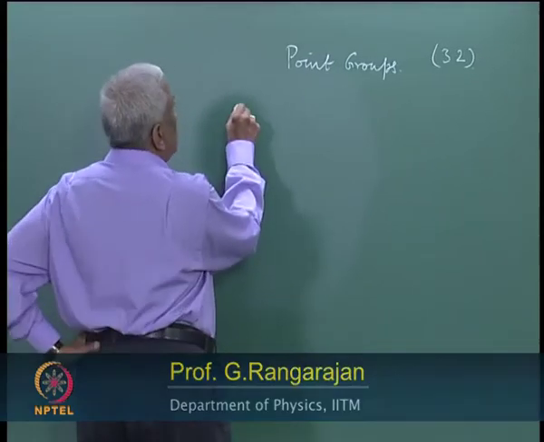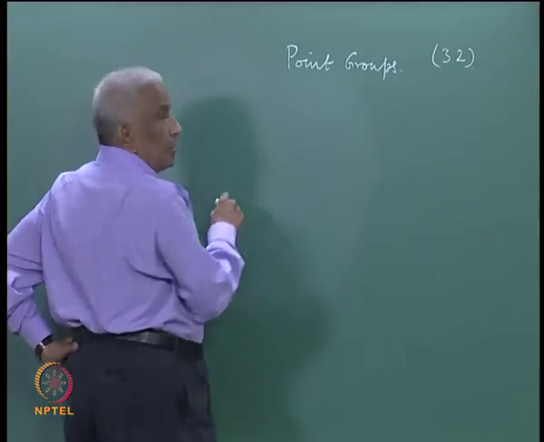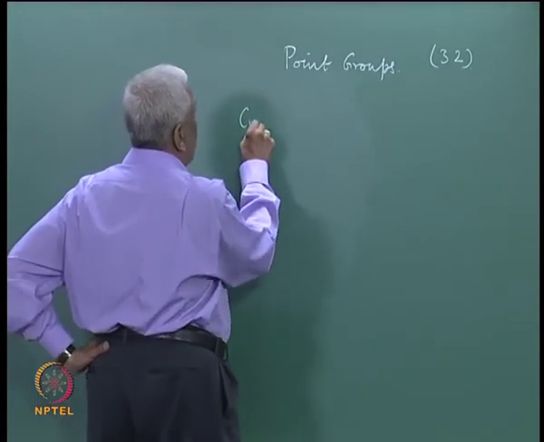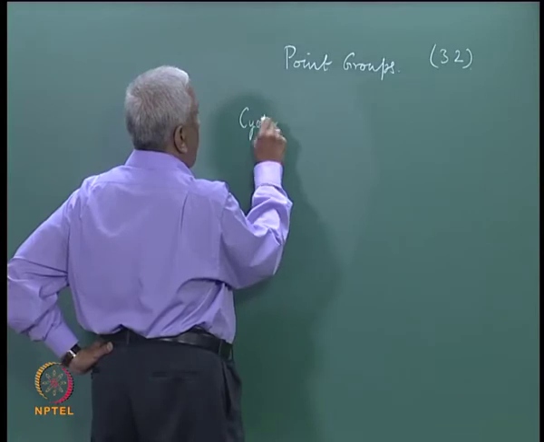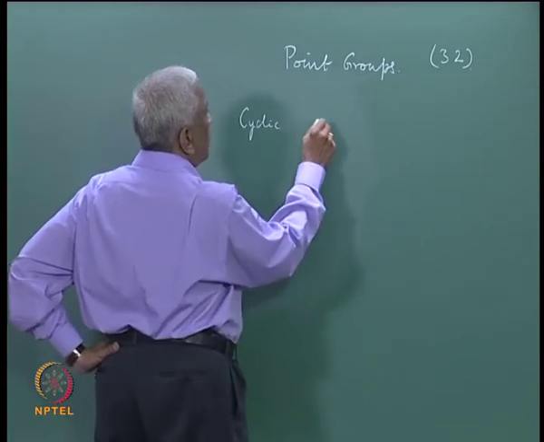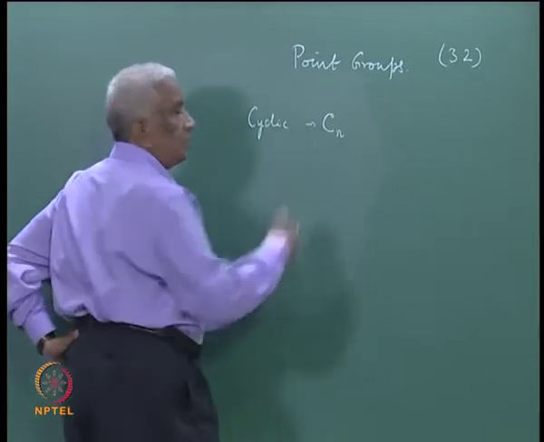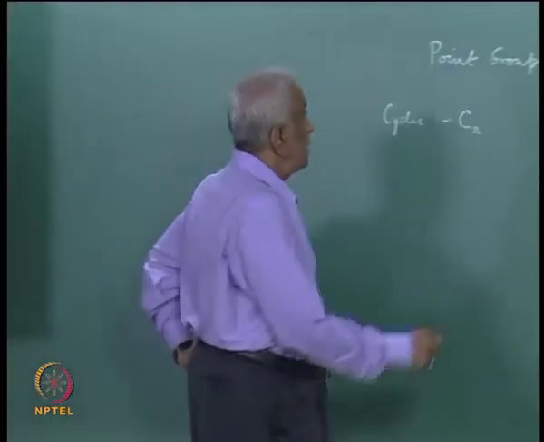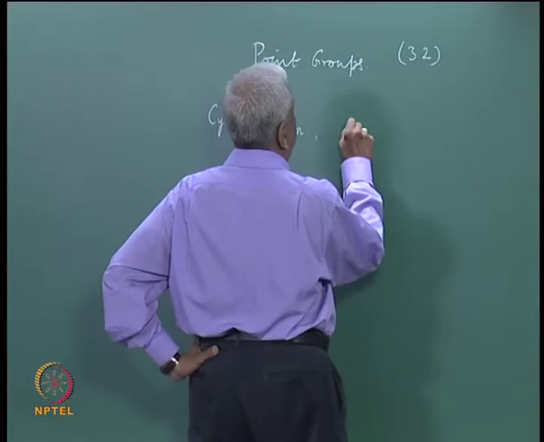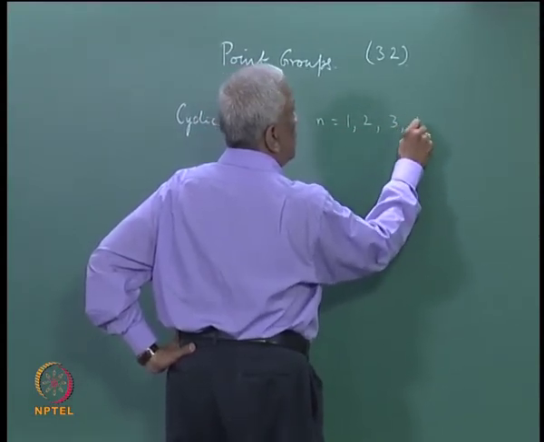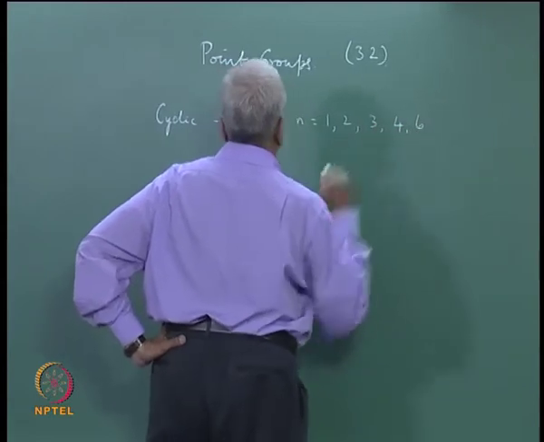We saw that the first groups are the cyclic point groups given by the general symbol Cn, where n is 1, 2, 3, 4 and 6.